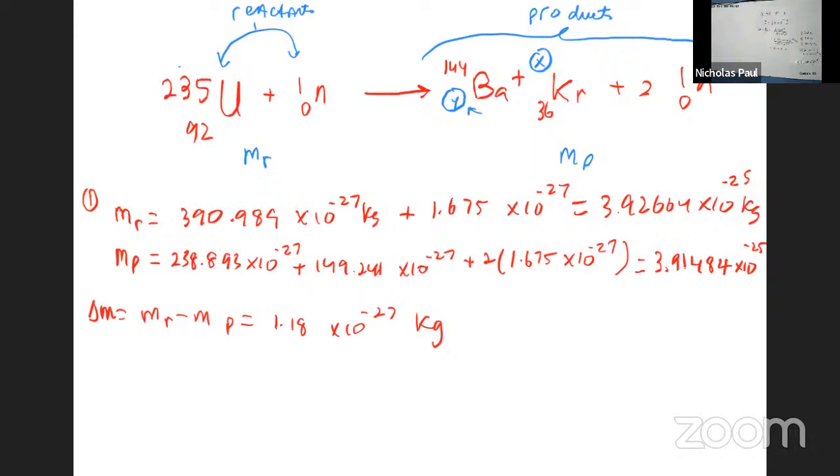So what do we do after we have the change in mass, Raj? What do we do when we have the change in mass? We reach up until here, the change in mass in kilograms. What to do now?